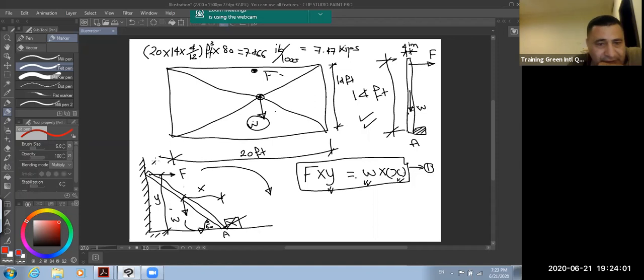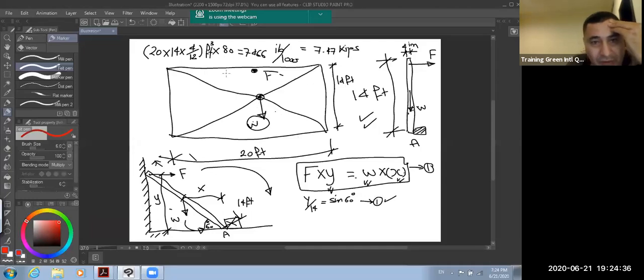So here is another equation: Ly over 14 equals sin 60. I can calculate it easily.